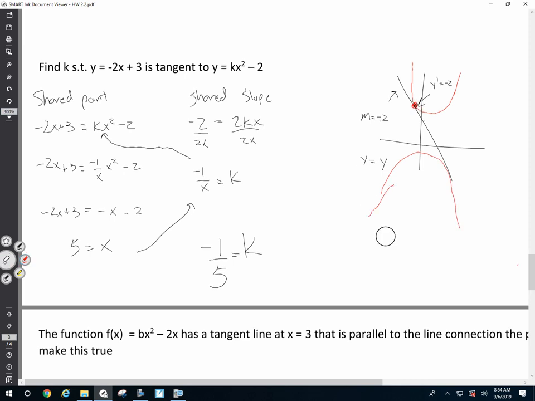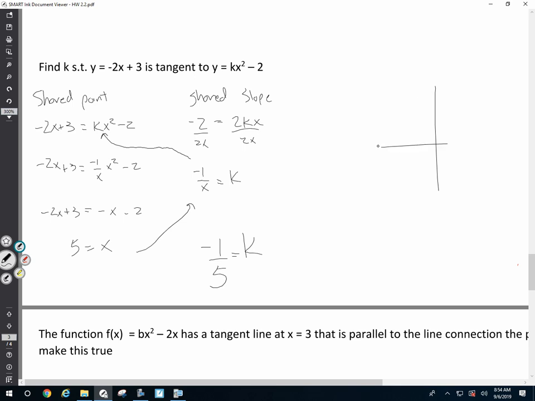I'm going to redraw this picture just so for the key we are comfortable and we see it. Oh, that's not good.